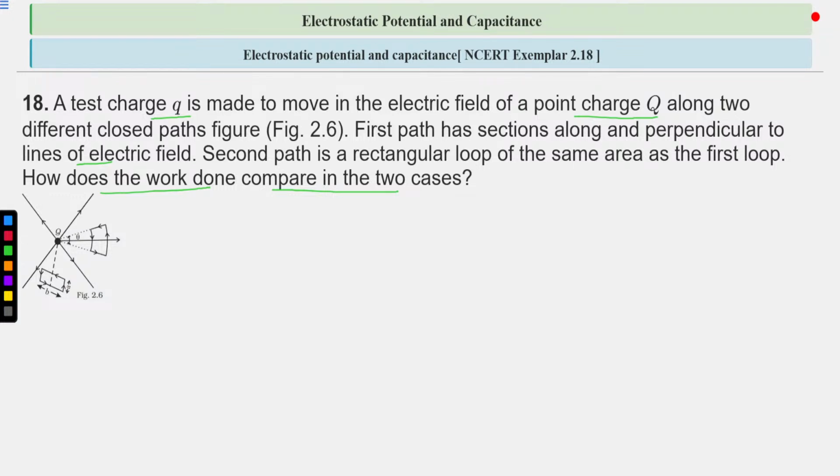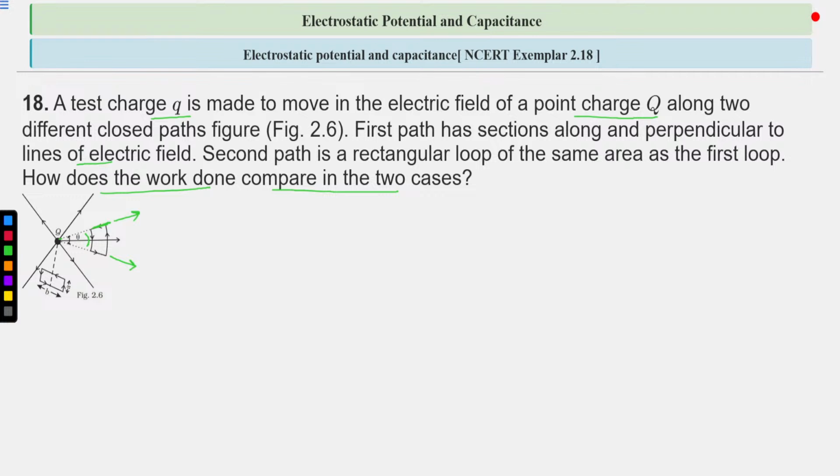So there are two closed paths. The first has sections along and perpendicular to the electric field. These two sections are along the electric field, which is radially outwards, and the other two sections are perpendicular to the electric field.